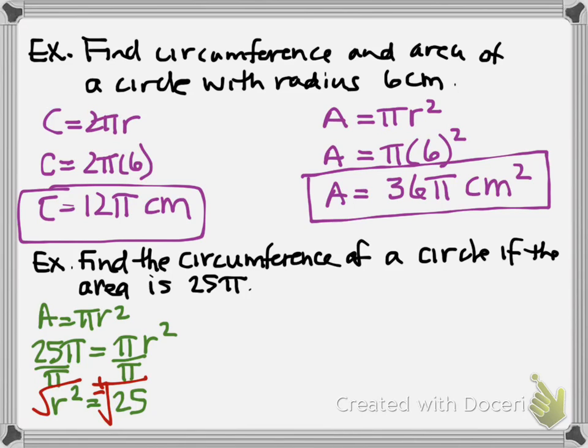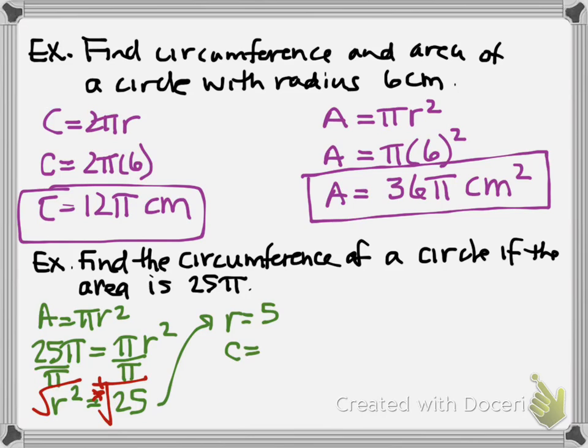However, we're talking about the length of something. So what kind of answer do I have to get? Positive. So I actually don't need to worry about the negative version. I only worry about the principal square root, which is the positive one. So I get that r equals 5. Now that's not the question they asked me. They asked me for the circumference. But now I have a radius and I can do that.